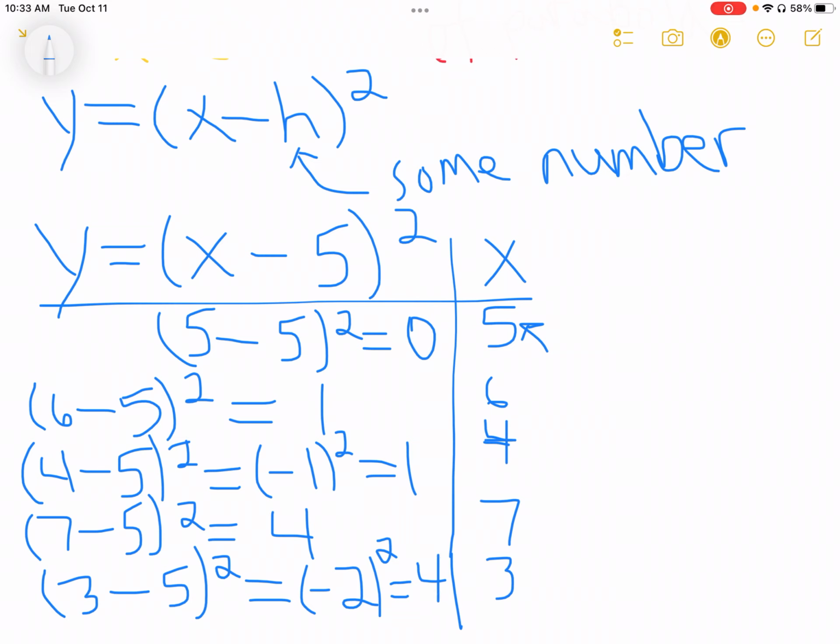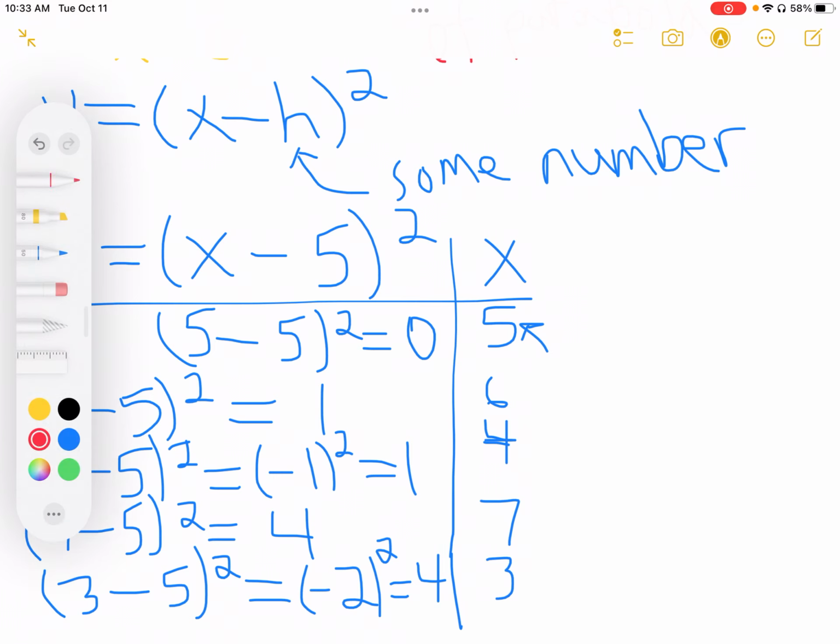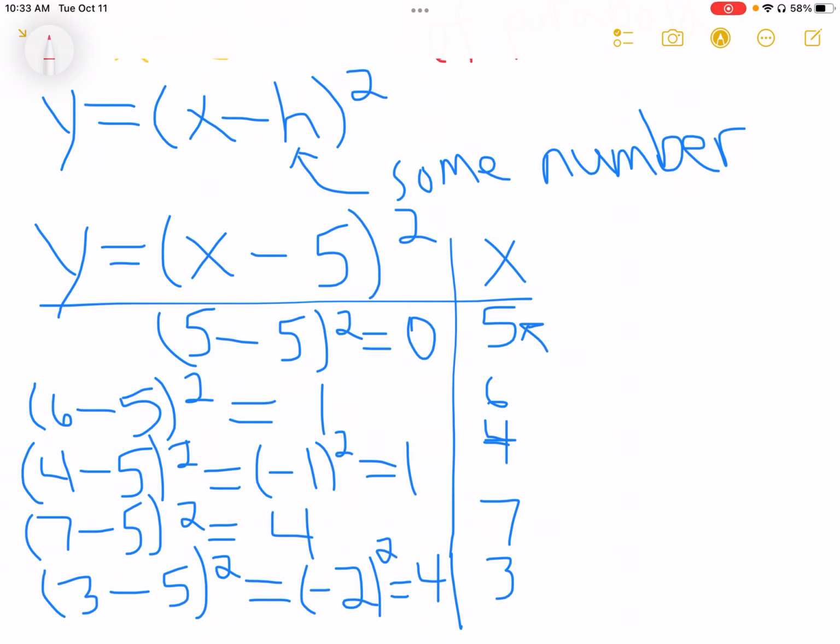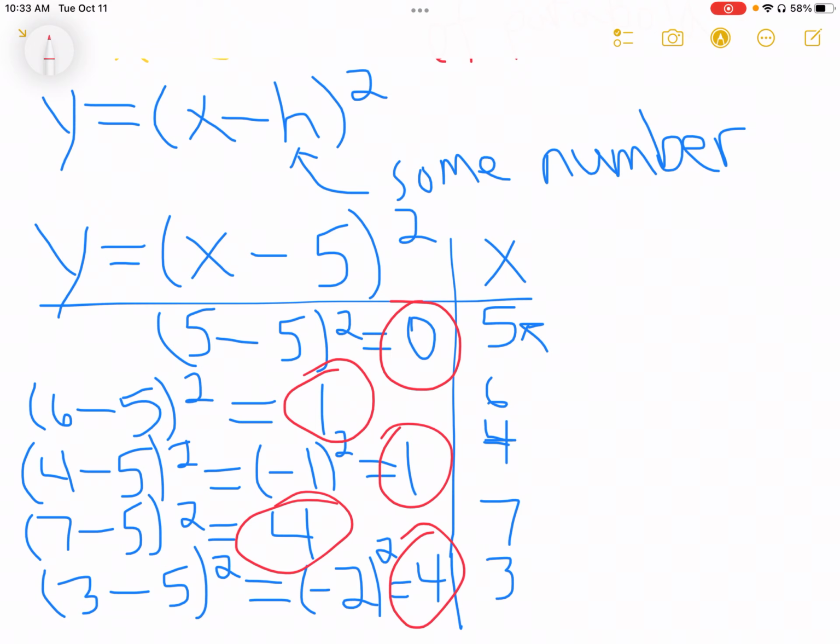So you can see my values here. Maybe I should have done different colors. I have 0 for this value, 1 for this value, 1 for this value, 4, and 4. So I'm really mirroring what I did last week. It's just that I have some sort of shift going on here. So let's look at what our shift looks like.